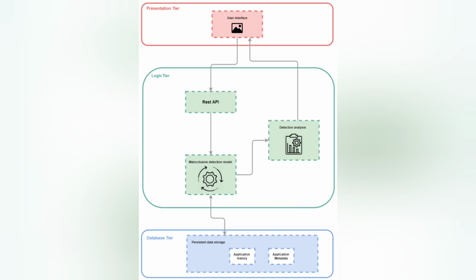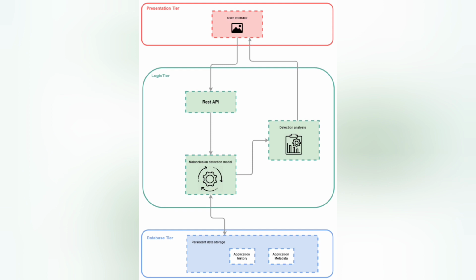It contains three tiers: the presentation tier, the logic tier, and the database tier. The presentation tier includes the user interface. This is where the user may enter the relevant information and the image in question.